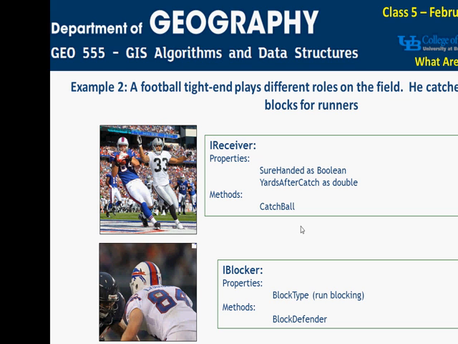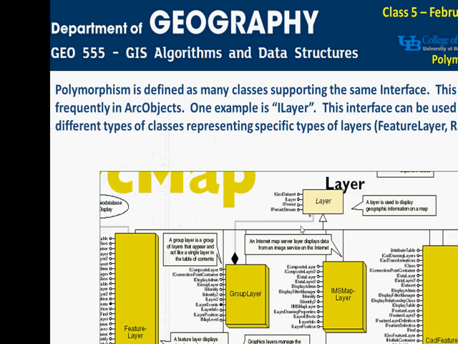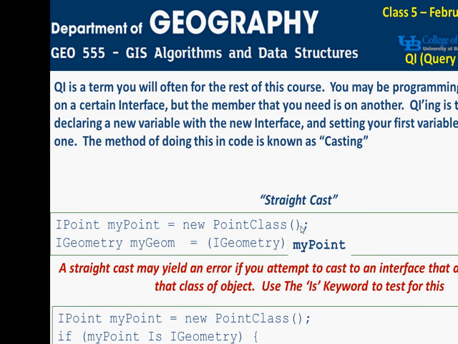Even iUBStudent might work. It might be a UB Bulls player who is a tight end and also a UB student at the same time. But iShrike doesn't work with tight end. A tight end can never be a Shrike. A tight end could be a UB student. It could be all these different things: receiver, blocker, runner. But there are interfaces and classes that just don't go together. And so when you're casting, you need to make sure, using the help, we'll learn about that, that the two interfaces do go together, or you'll cause an error.